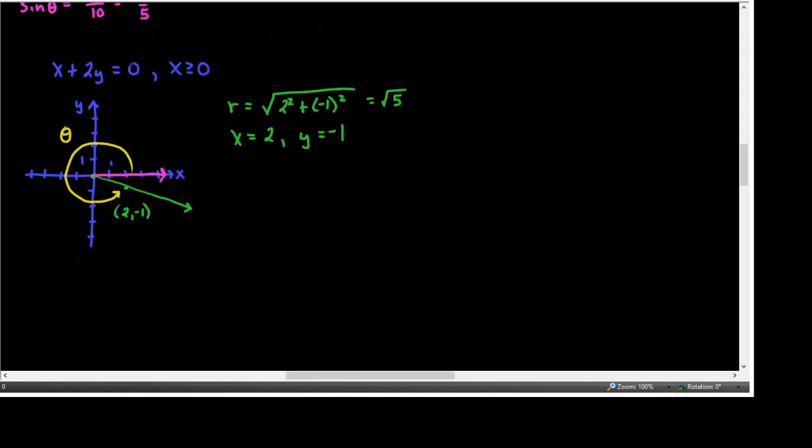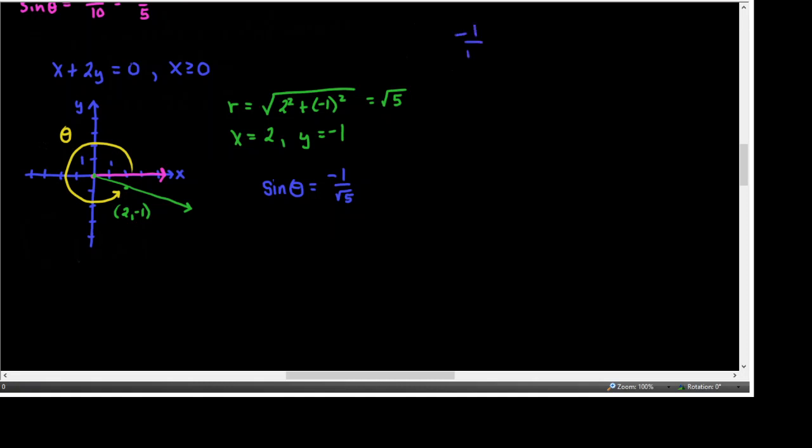Once you've found x, y, and r, you're almost done. Now you just have to have memorized these 6 definitions. Sine of theta is y over r, and you cannot leave a radical in the denominator. So if you'll remember, I'm going to do this over to the side.